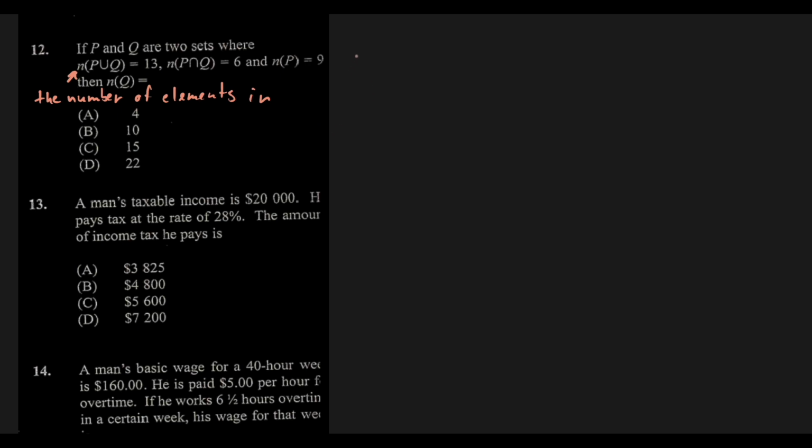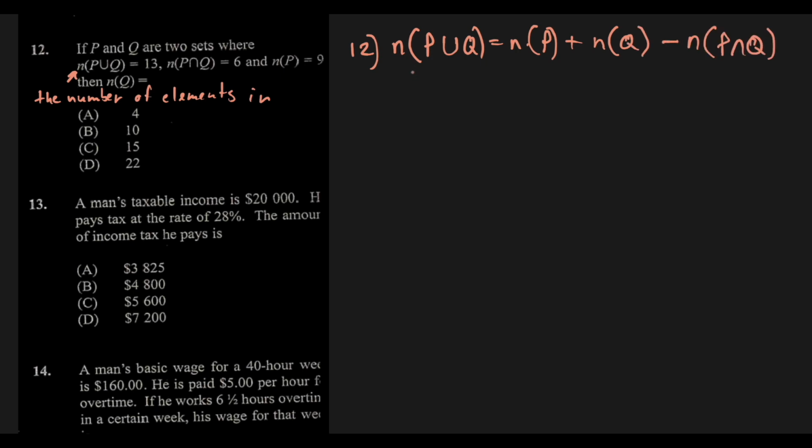Now there's a general formula for this. The general formula is n(P union Q) is equal to n(P) plus n(Q) minus n(P intersection Q). Now this value n(P union Q) would actually be 13 based off of this, which is equal to the number of elements in P, which would be 9, plus this, we don't know what this is, minus the intersection, which is 6.